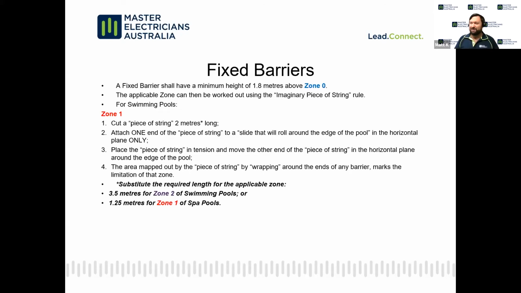You probably see me here, I'm doing my hand gestures because I'm thinking about it as I'm doing it as well. So 2-metre piece of string in tension, and we're wrapping it around the pool and around our barrier, and that's providing the extent of our zone 1, okay. So as it wraps around, let's say our barrier is 1.5 metres away, we're going to have 0.5 metre that wraps around the edge of that barrier, okay.